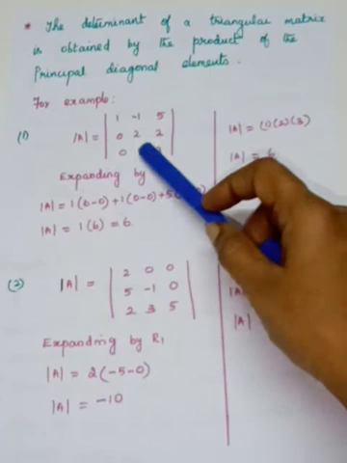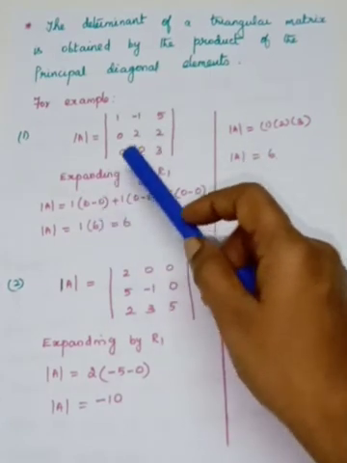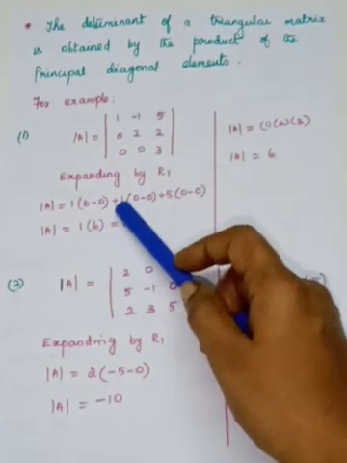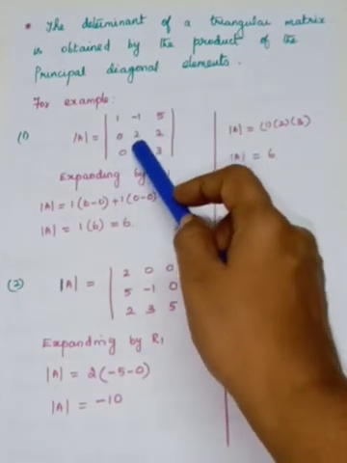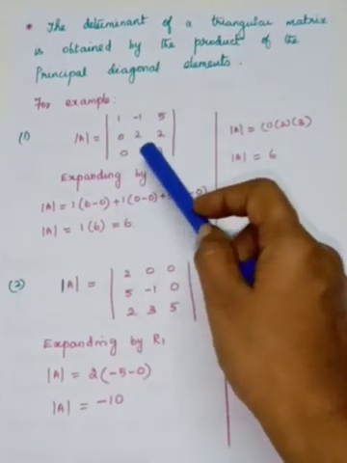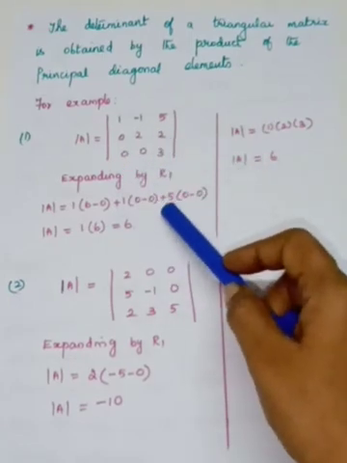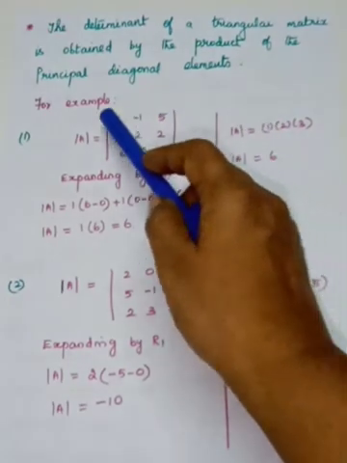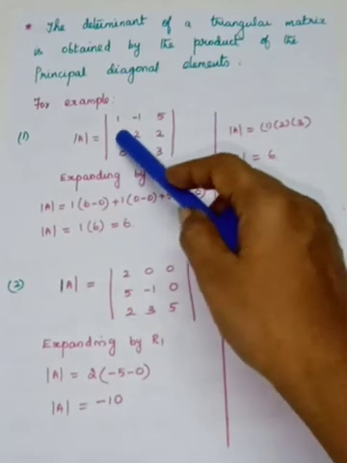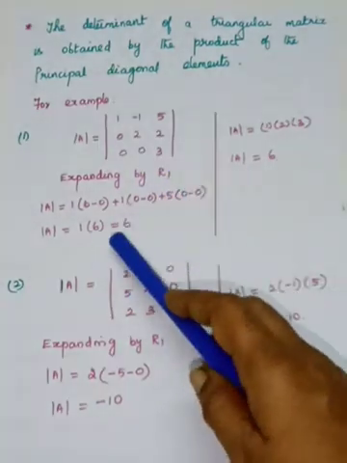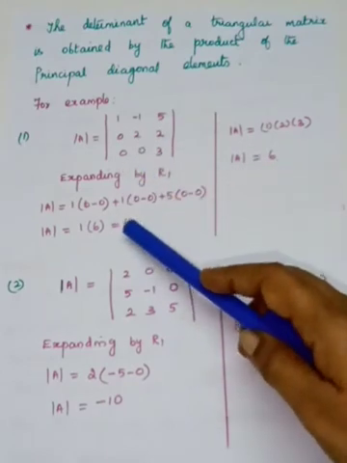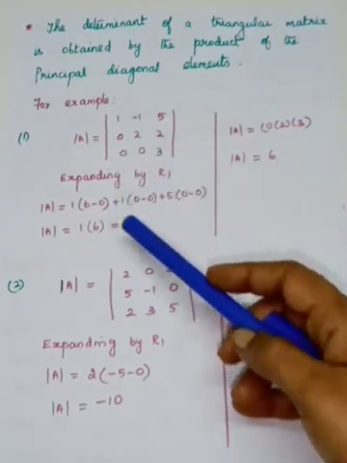Then you have to multiply the subdiagonal elements, that is 0. So when you go to the second element, you have to change the sign. Plus 1 into, delete the first row and the second column. So 0 into 3 is 0, minus 0 into 2 is 0. Plus the third element, plus 5 into, delete the first row and the third column. 0 into 0, 0, minus 2 into 0 is 0. So the answer is 6. So using Laplace expansion, I have found the value.